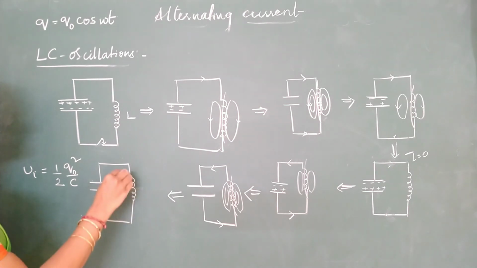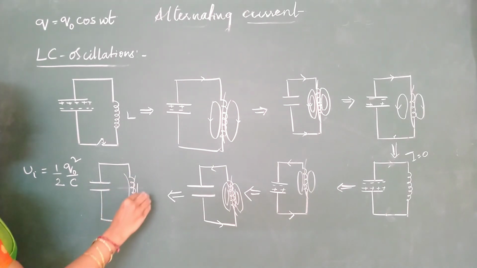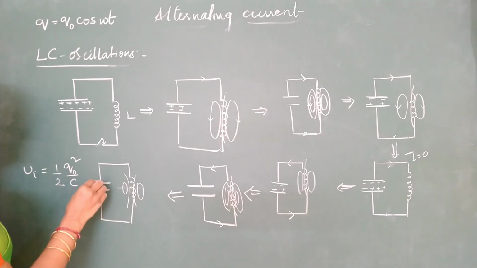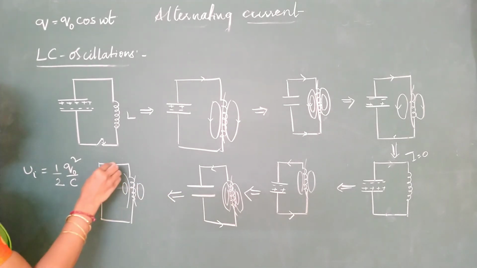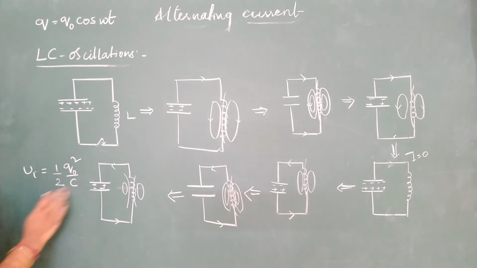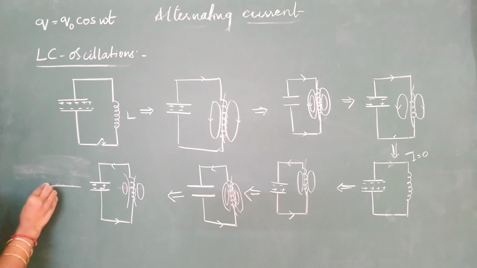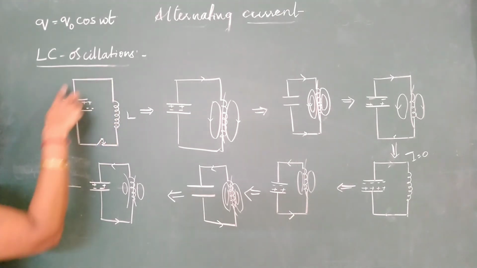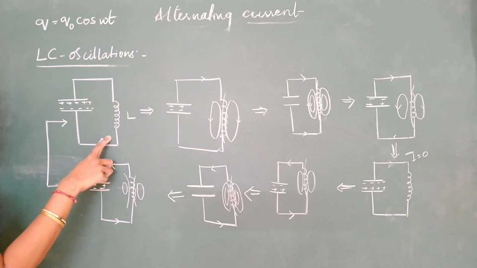So current will again start decreasing because flux is decreasing with time. Now the next step will be back to initial. Capacitor is fully charged, inductor has become vacant.